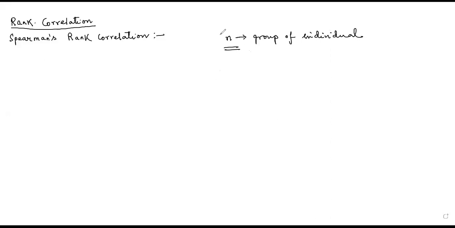So we are arranging this group containing small n individuals on the basis of two characteristics. Suppose this is characteristic A and this is characteristic B.